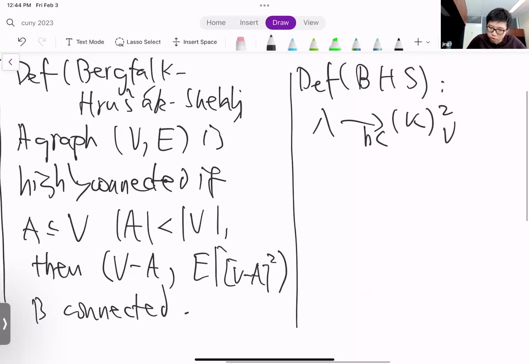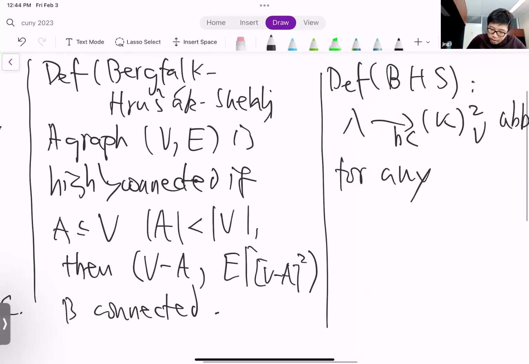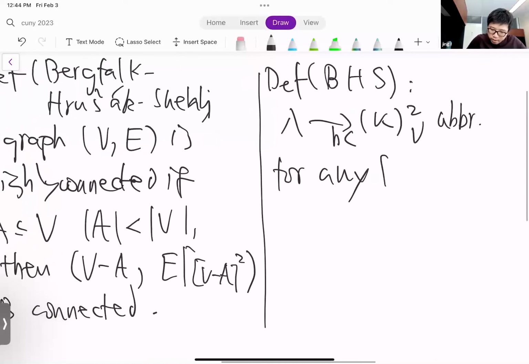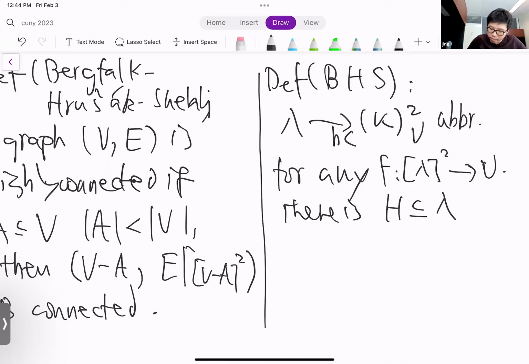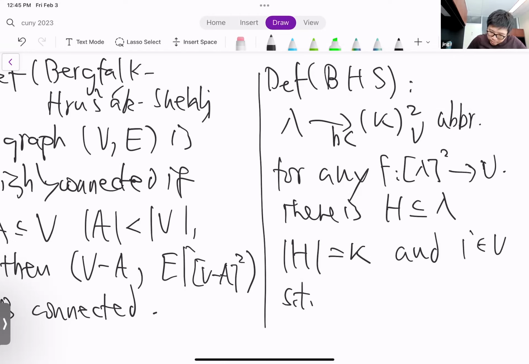Kappa sup 2 nu abbreviates: for any coloring F on pairs of lambda into nu many colors, there is a subset H of lambda such that H has cardinality kappa, and a popular color i in nu, such that H and the inverse image, right?